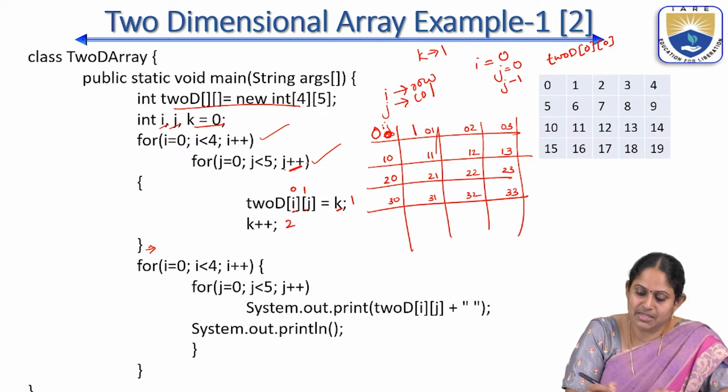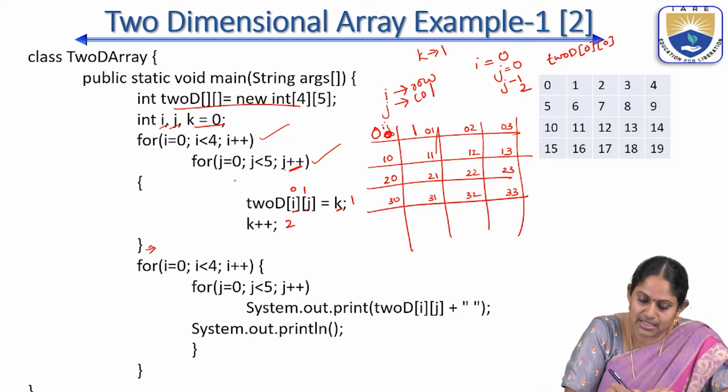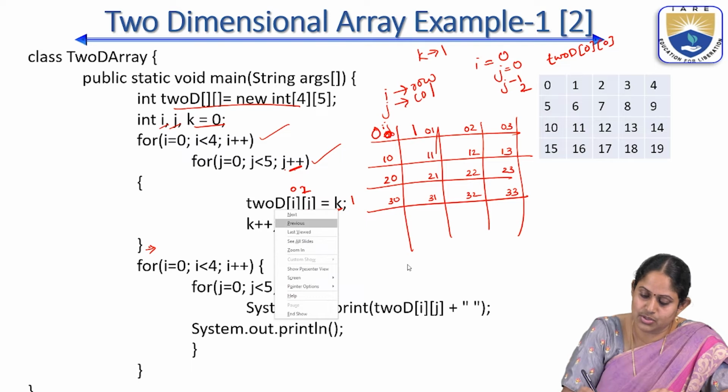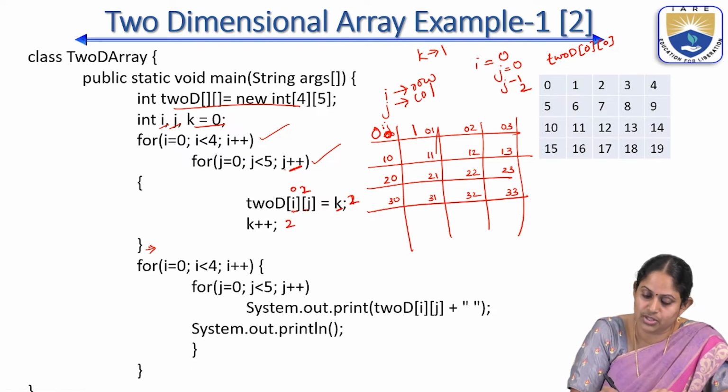Again, j++, so j becomes 2. Once j becomes 2, it will be pointing to 0,2. k is 2, so the value 2 will be stored into [i][j].